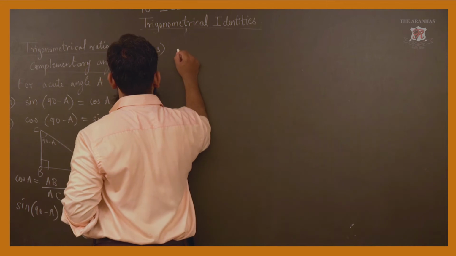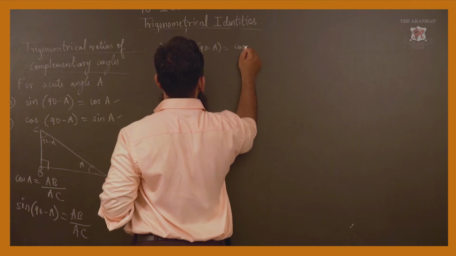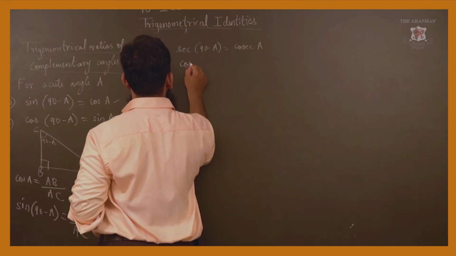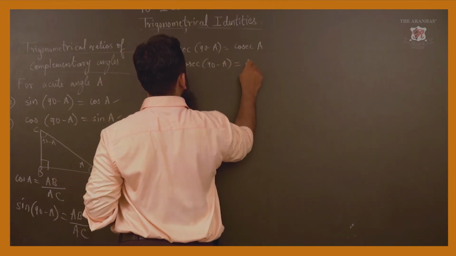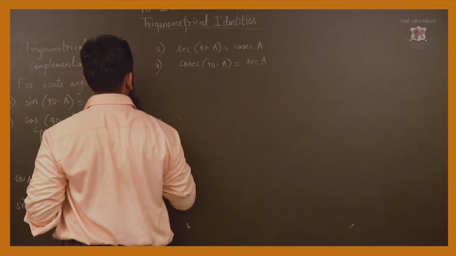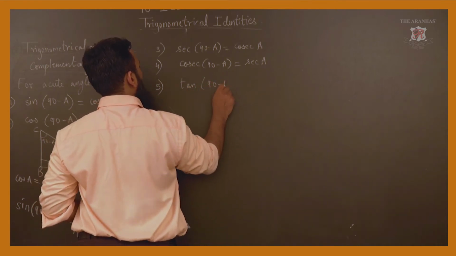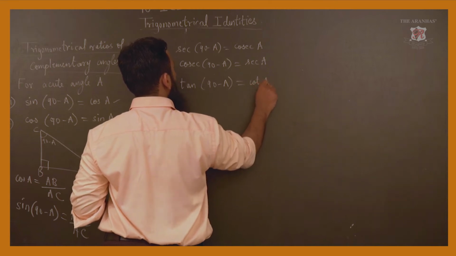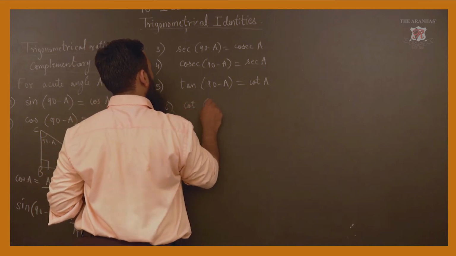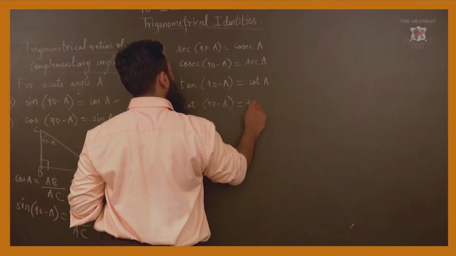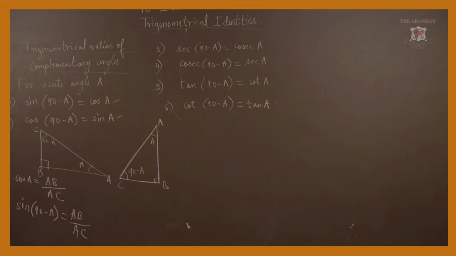Similarly, we can say sec 90 minus A is equal to cosec of A, and cosec 90 minus A is equal to sec of A. Then tan 90 minus A is equal to cot of A, and cot 90 minus A is equal to tan of A. So these are the complementary angles.